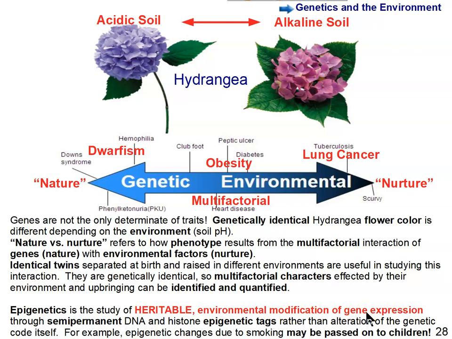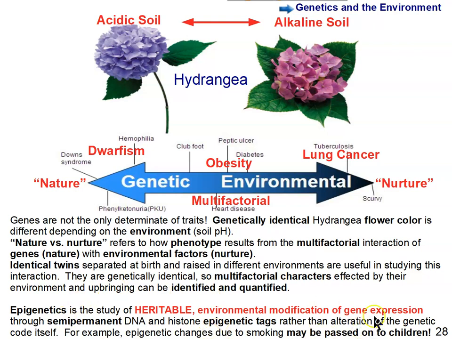So things that we're exposed to, things that we choose to do, are placing what we call epigenetic tags on the DNA and on the histones, if you'll recall, or on the nucleosomes that the DNA is organized into. And that can all affect how those genes are expressed. And that's semi-permanent, meaning that those changes, those tags, can be passed on to children, to our children. And not only to our children, but possibly to our grandchildren.